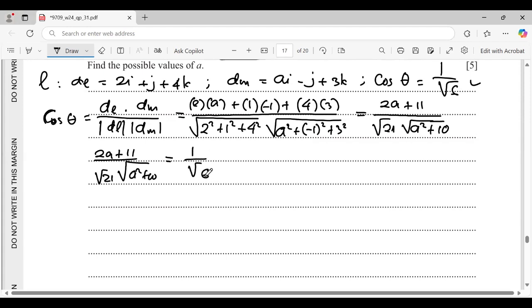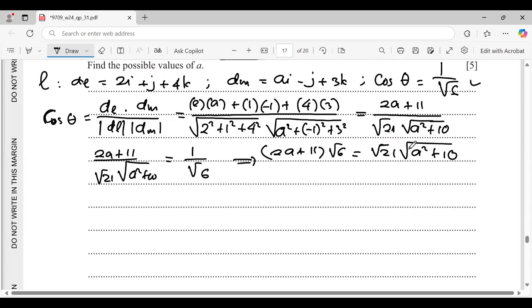So if we calculate, it becomes (2a plus 11) times square root 6 equals 1 times square root 21 times square root of (a squared plus 10).